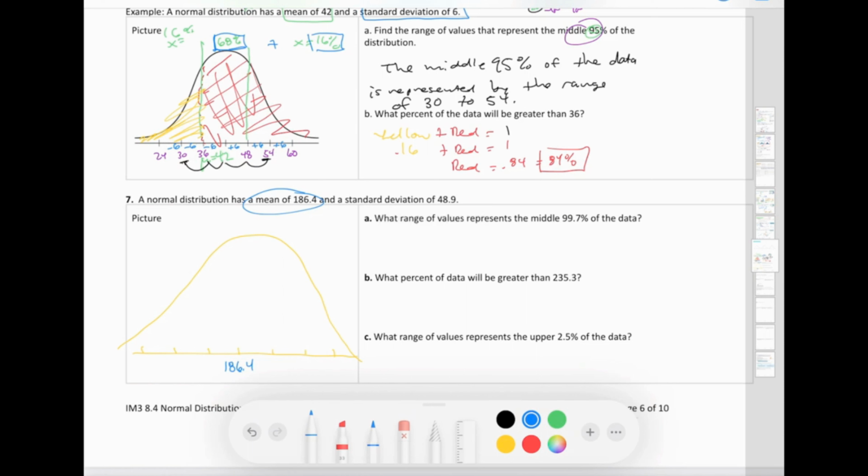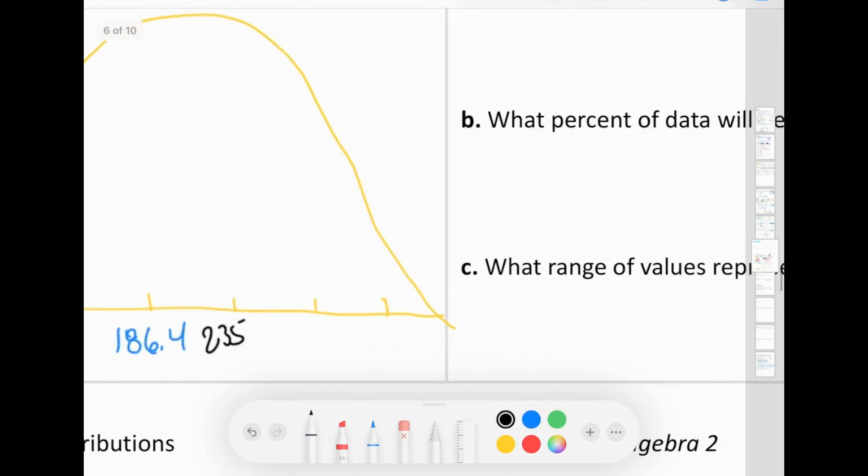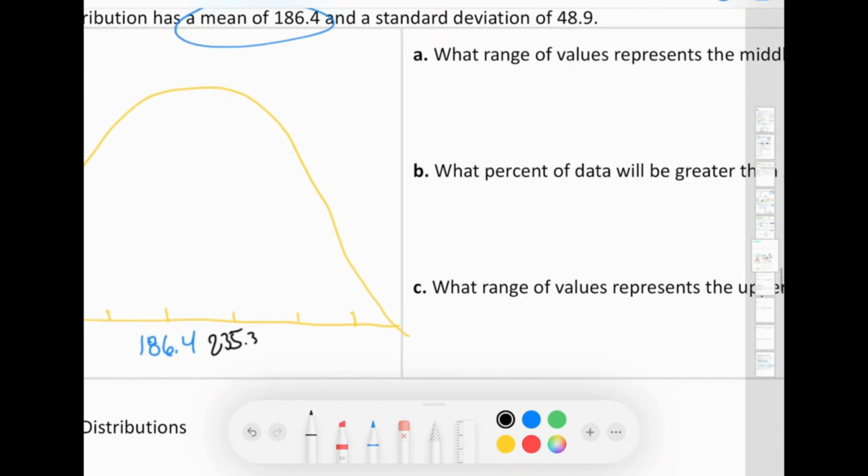So I'm going to add 48.9. I get 235.3. And then I'm going to add 48.9 again and get us 284.2.